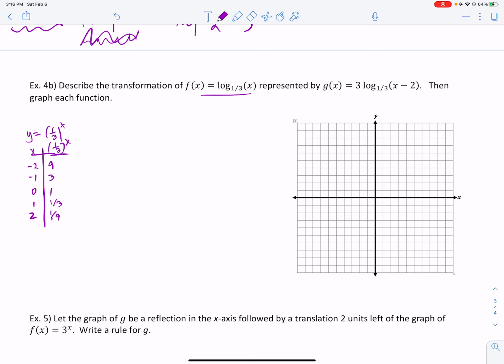And why I did this is because then on this y equals log base 1/3 of x, I just switch. These are inverse functions. 1/3 to the x and log base 1/3 are inverse functions. And so I just switch these points.